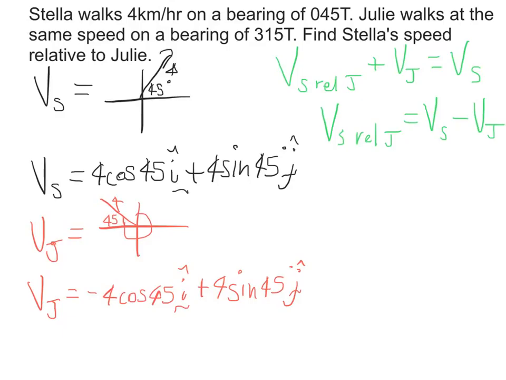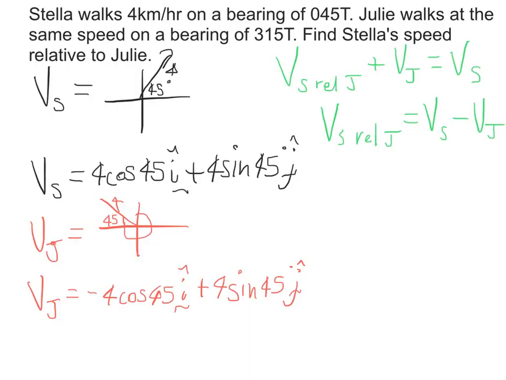So I'm going to do the velocity of Stella, so 4 cos 45 plus, because remember there's a negative here, so that changes these signs. So 4 cos 45 plus 4 cos 45 I, and then with the J's, 4 sine 45 minus 4 sine 45. So this will work out to be 0, and this is basically 2 lots of each other.